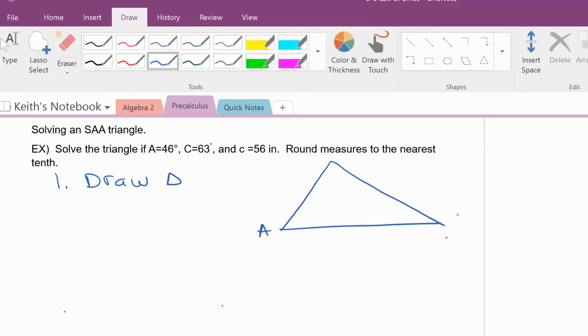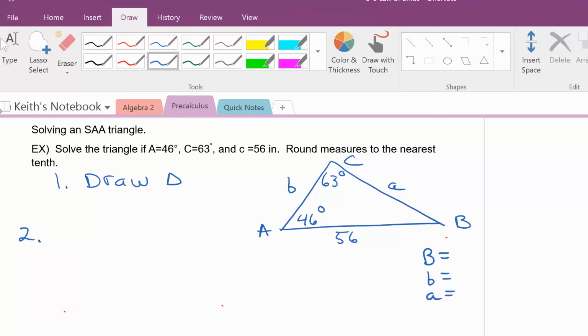So we'll put angle A, B, C, and then angle A is 46. Then here it's 63, and then 56. So we're missing side a, side b, and angle B. Those are the three things that we're missing.